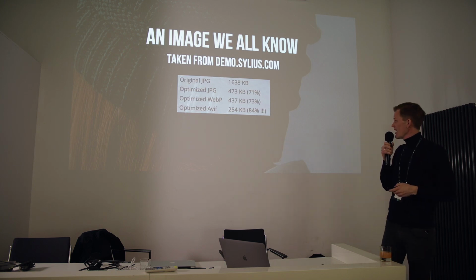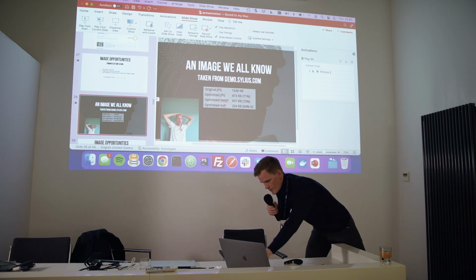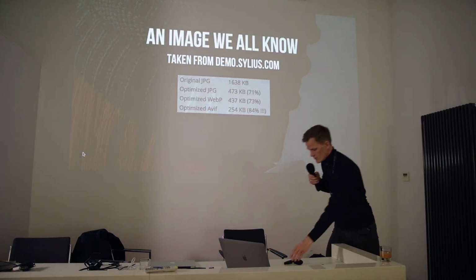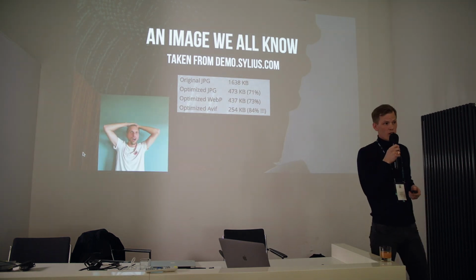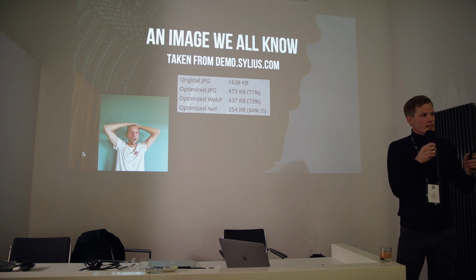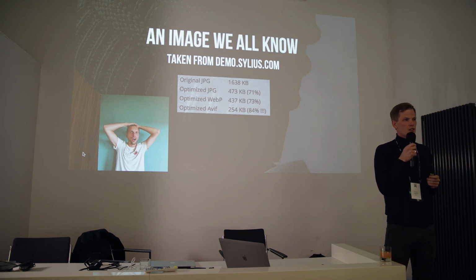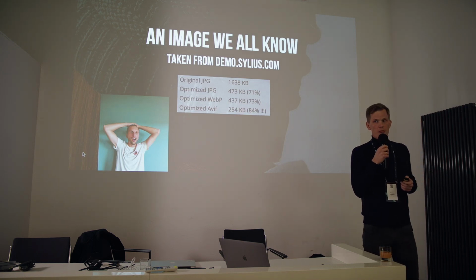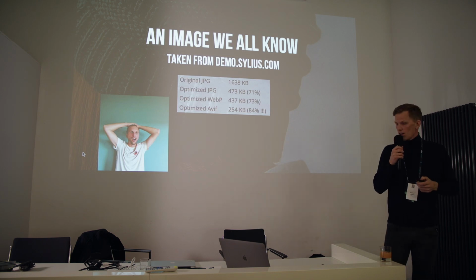And as you can see, for the AVIF we save 84%. And the magnificent thing here is that you can't see the difference between this AVIF and the original JPEG. And that's, of course, what Google is hinting at when they give you this warning.